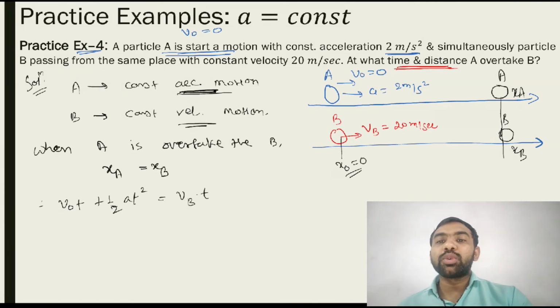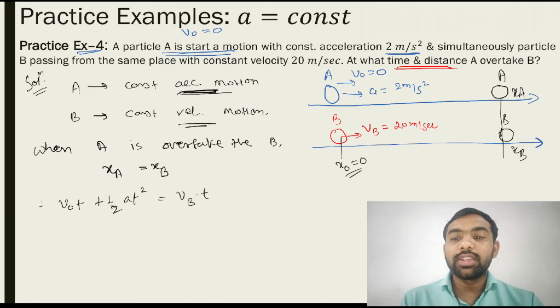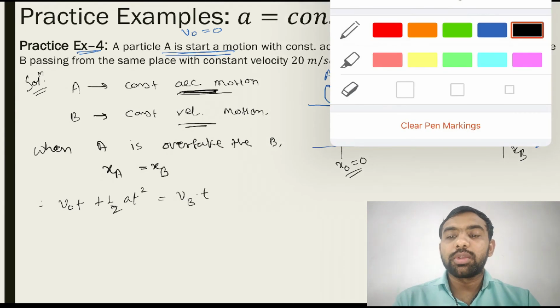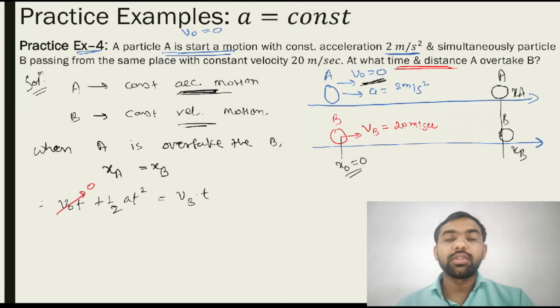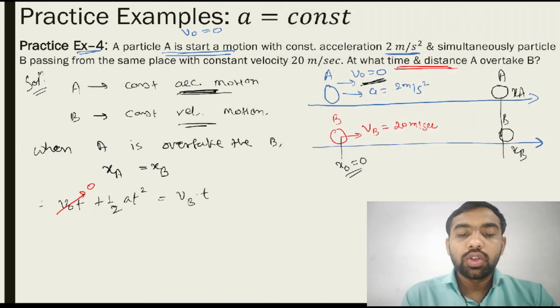Distance is equal to speed into time. We know for constant velocity motion, distance is equal to speed into time. What is the speed of B? VB. So time t. So V0t, initial velocity is 0, so it is 0 into t, 0. So 1/2 at square is equal to VB into t.